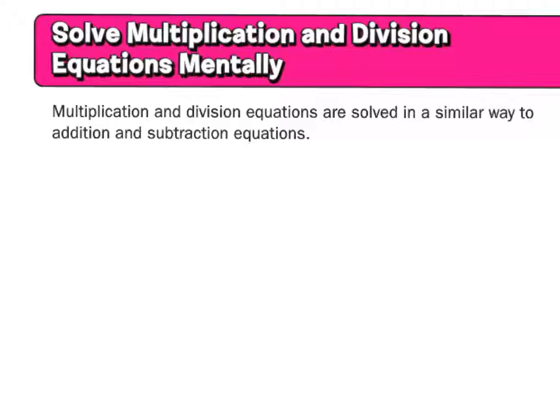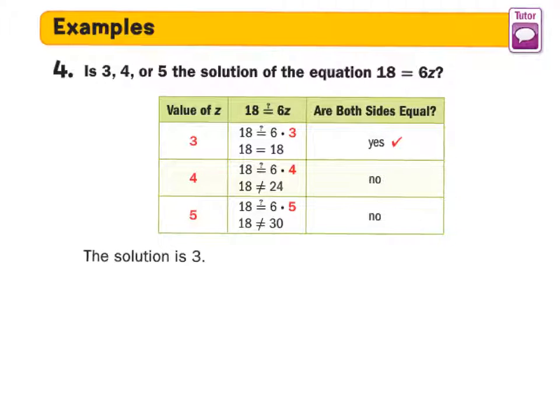Solving multiplication and division equations mentally is very similar to solving addition and subtraction. So number 4 says, is 3, 4, or 5 the solution to 18 is equal to 6z?